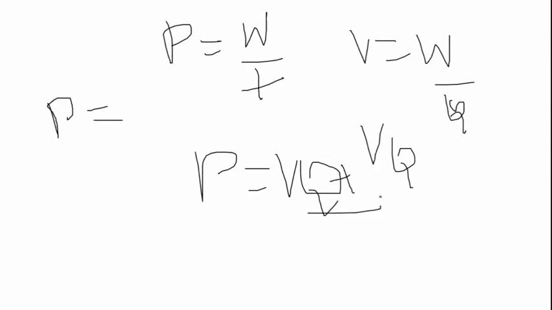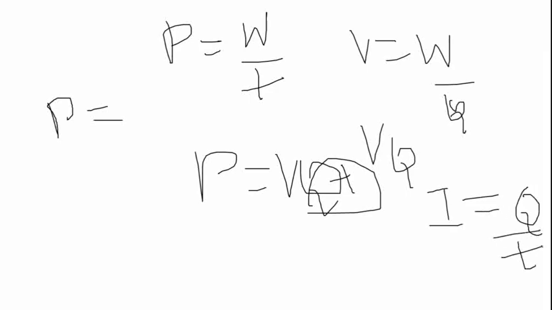What is Q by T? As I said, I is equal to Q by T. So what will be the formula?